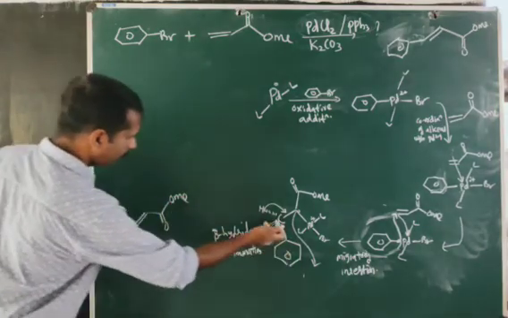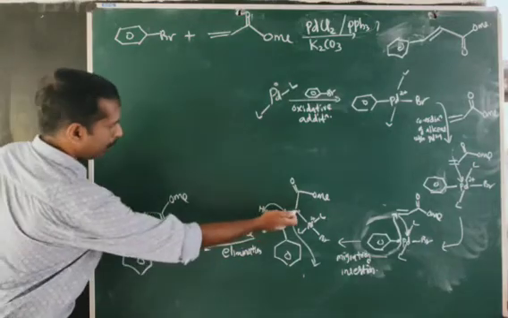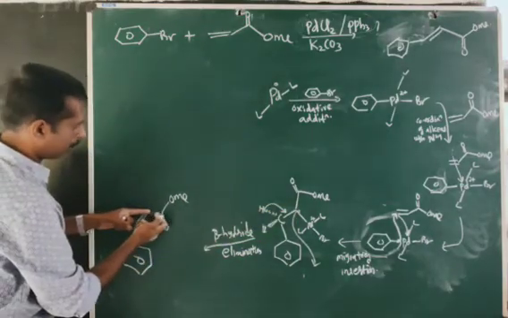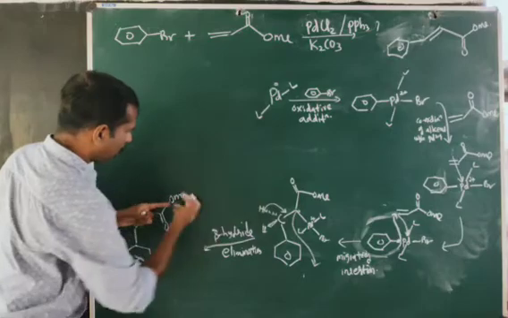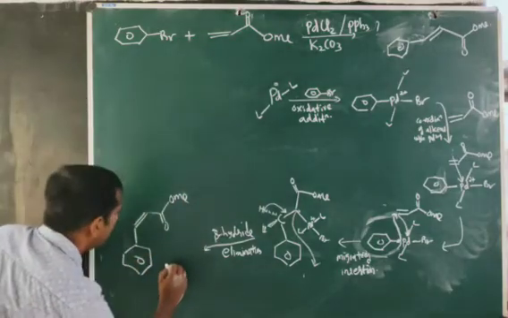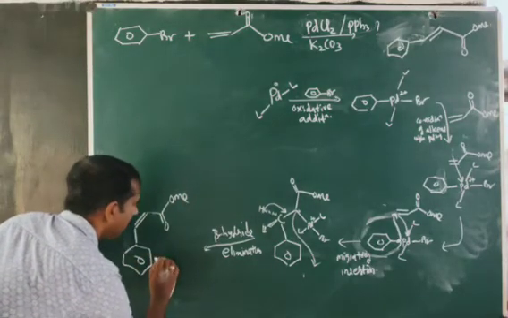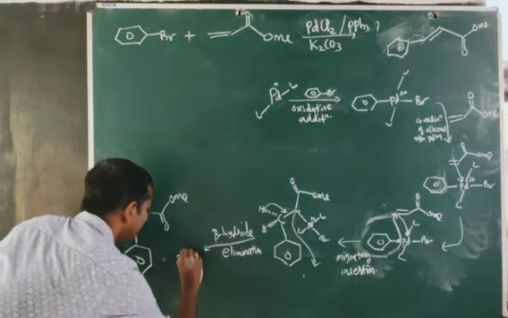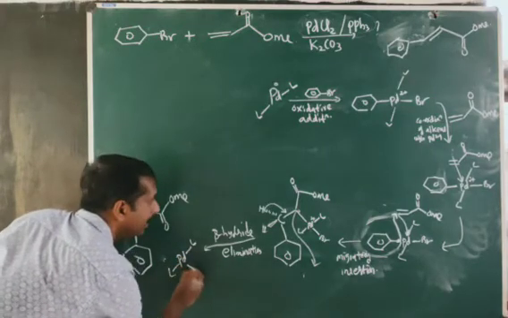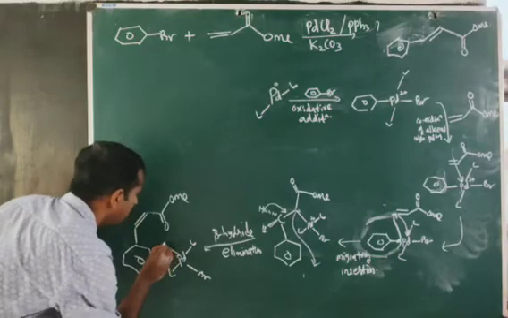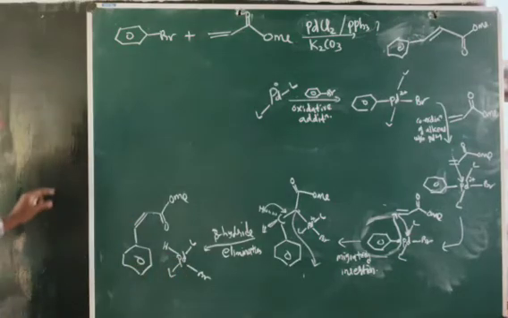Correct? Here it is CH double bond, then this bond OMe, plus we form Pd, L, and here it is Br, and of course that proton will be attached to Br.